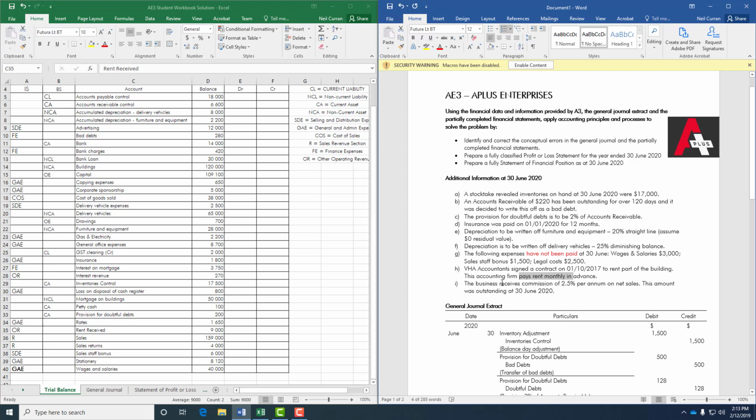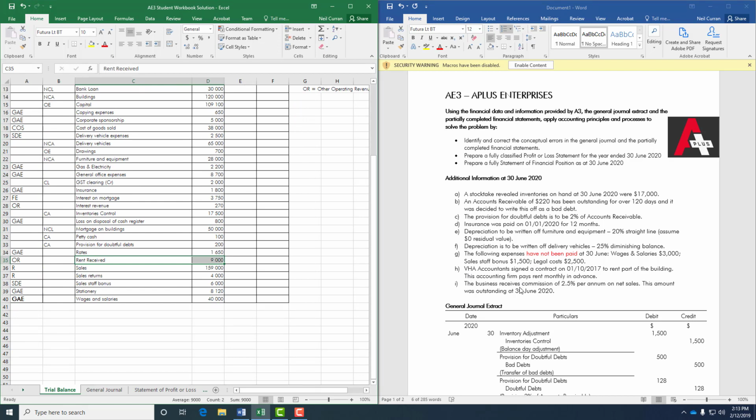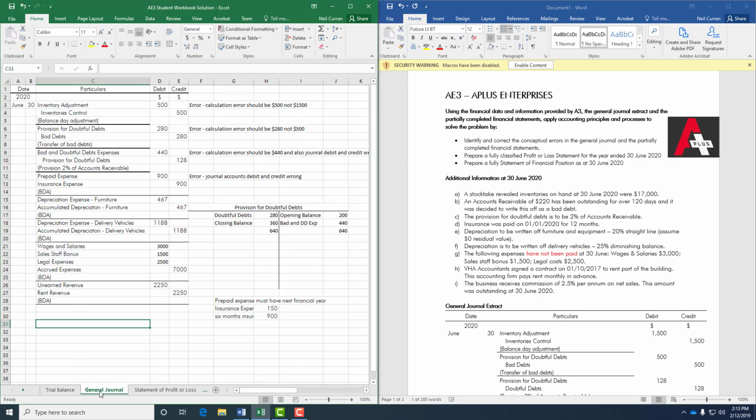Okay, it also says we received 2% commission of net sales. Net sales basically represents your sales less your sales returns, and that is an accrued revenue because the keyword here is outstanding. So we are going to put over here accrued revenue, and then you've got commission revenue.